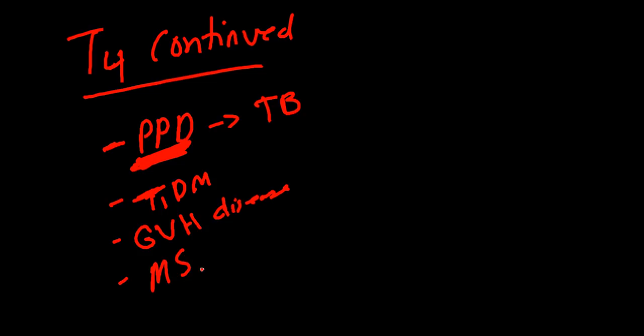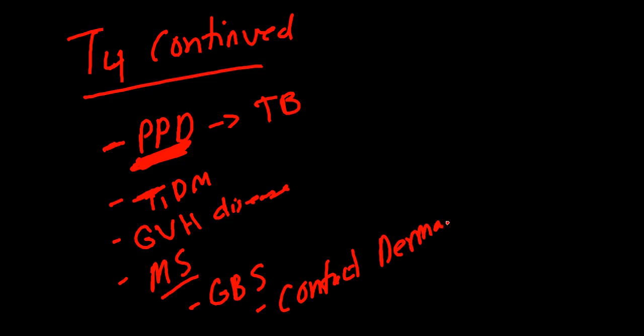So myasthenia gravis is going to be a type 2. Multiple sclerosis is going to be a type 4. We've also got Guillain-Barré syndrome, which is going to be like the peripheral demyelination. And then also you can get contact dermatitis. So if I had to memorize any, it would be these two, contact dermatitis and PPD. These are the two main ones that they like to test on at any level.